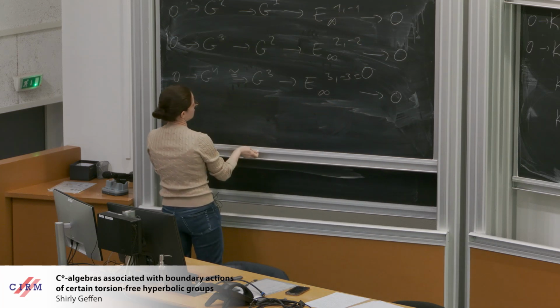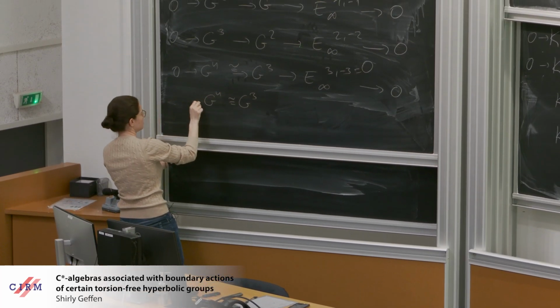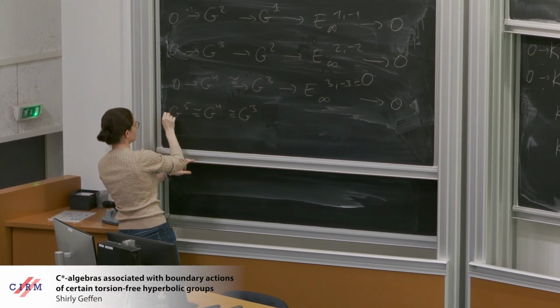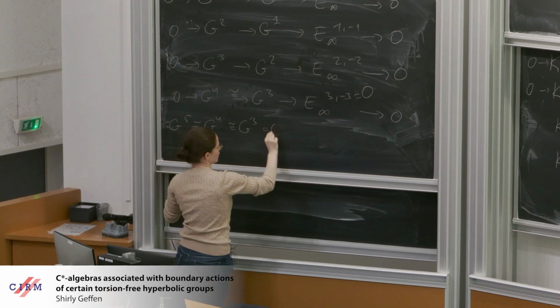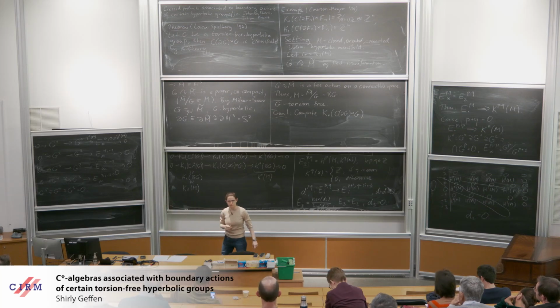And from that point on, all these gradings will have to be isomorphic and will have to vanish because we know that the intersection of all of them vanishes. Okay, so G4 and G3 are also 0.